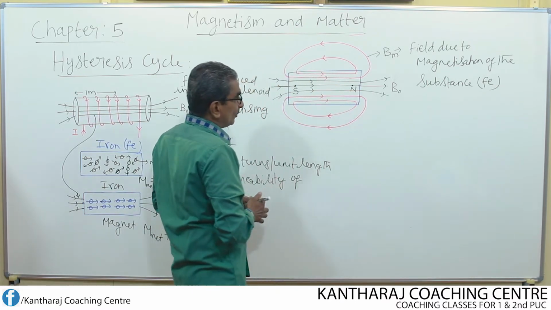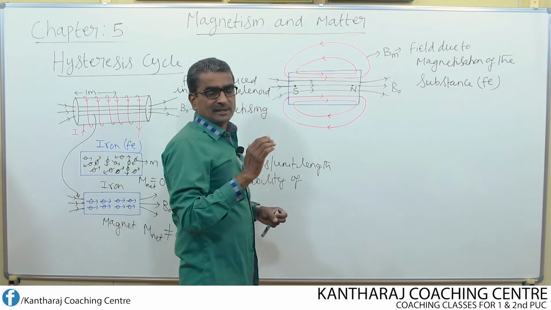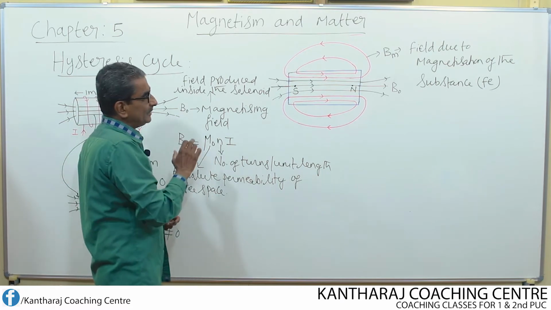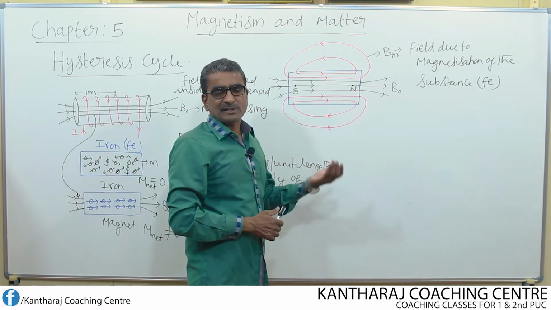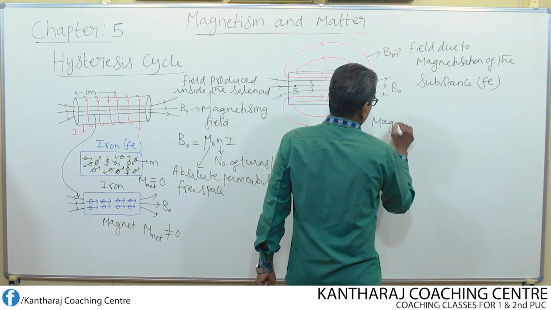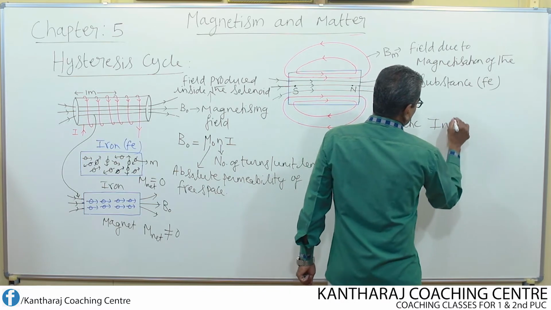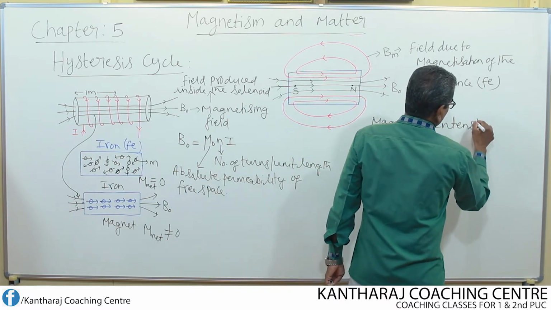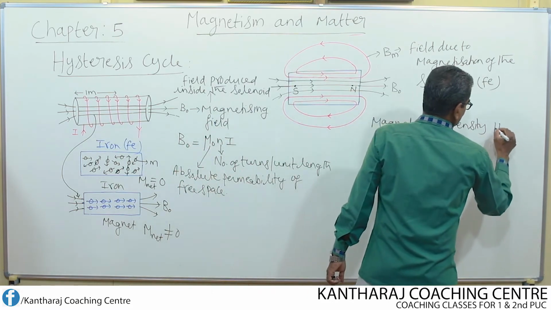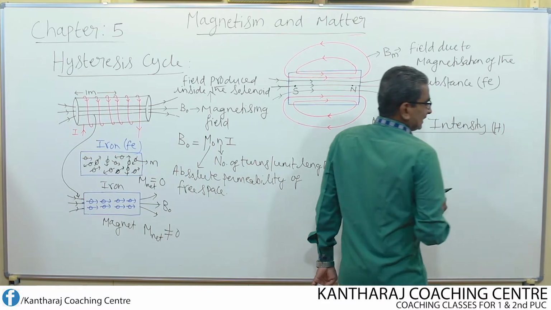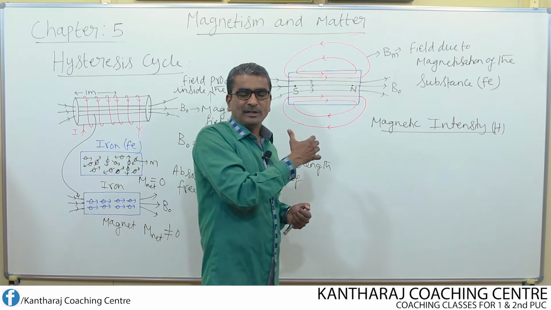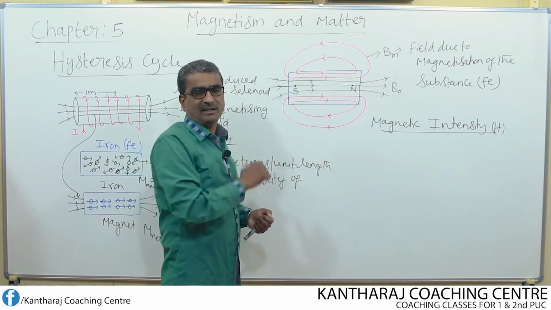Now, what is magnetic intensity? So far we understood what is meant by magnetizing field. Magnetic intensity is represented by H. It is also known as magnetic field intensity. It is nothing but the degree to which the magnetic field can magnetize the material.